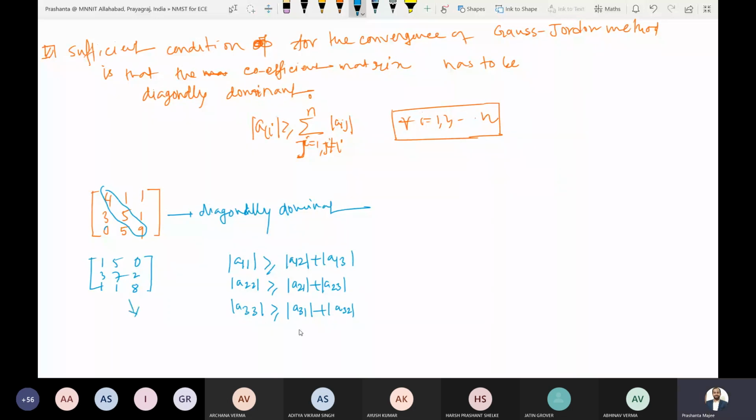It is not happening for all the diagonal elements. So it is not diagonally dominant. Okay.